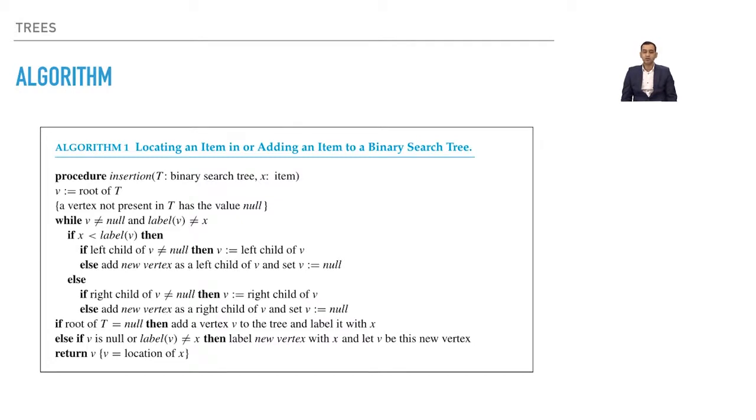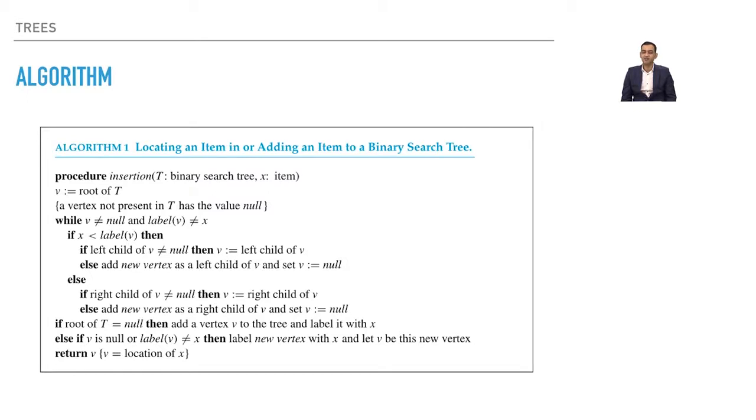In the pseudocode, V is the vertex currently under examination and label of V represents the key of this vertex. The algorithm begins by examining the root. If X equals the key of V, then the algorithm has found the location of X and terminates. If X is less than the key of V, we move to the left child of V and repeat the procedure.